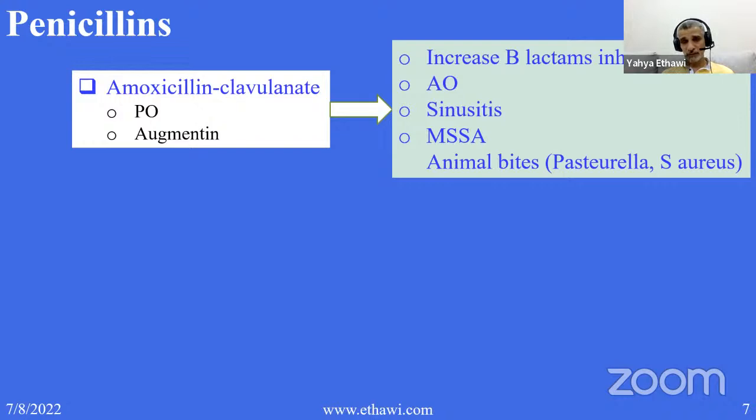And we have the staph. The staph are of two types, MSSA and MRSA. MSSA is the methicillin-sensitive Staphylococcus aureus, and MRSA is the methicillin-resistant one. Staph can be coagulase positive or coagulase negative.